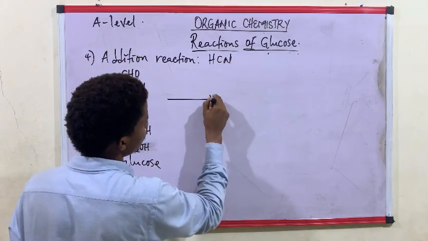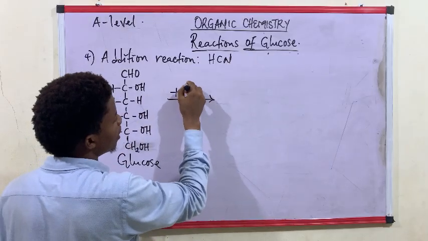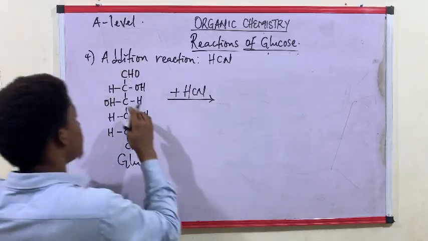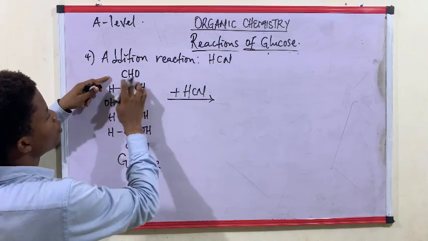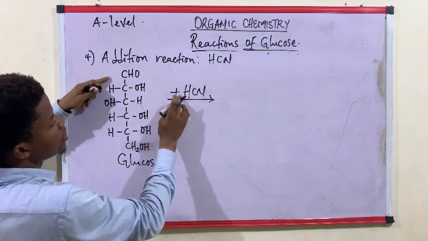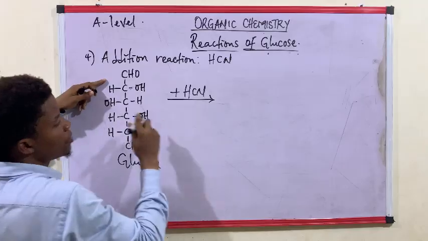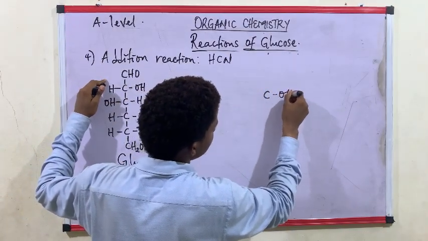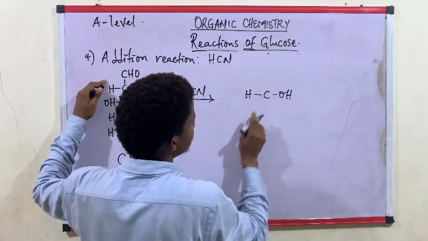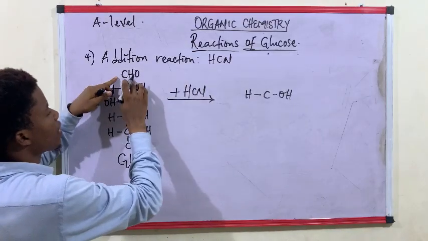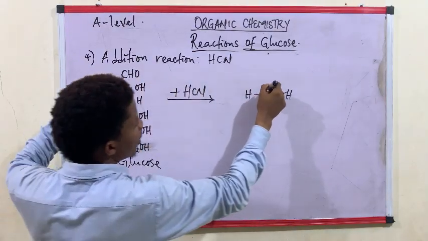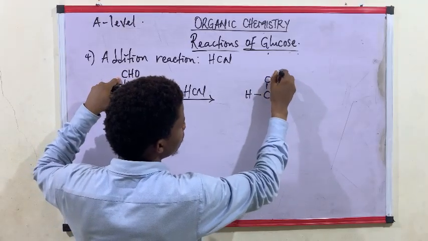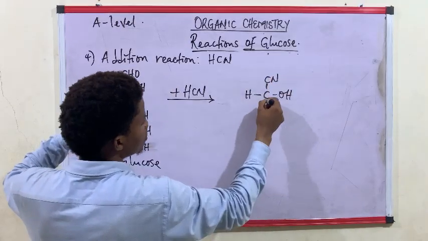Now let's look at the reaction with hydrogen cyanide. What happens is that this is HOH, so one of these H will come here and this OH remains. So you have something like this: COH and then H. Then our cyanide will be above. Then every other thing continues.